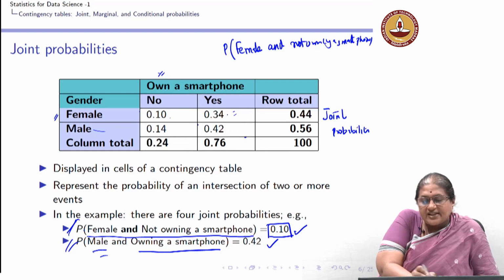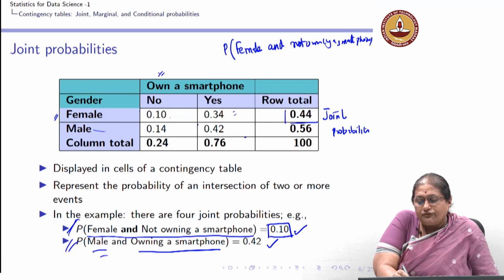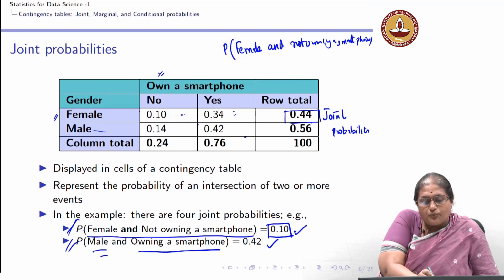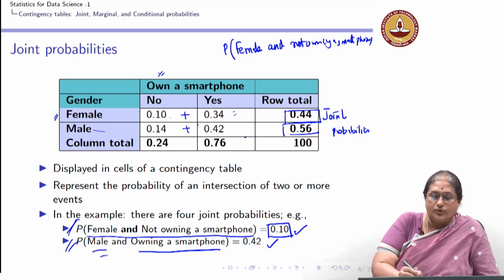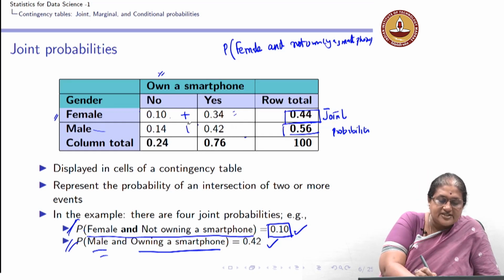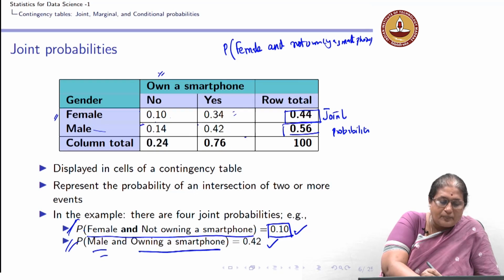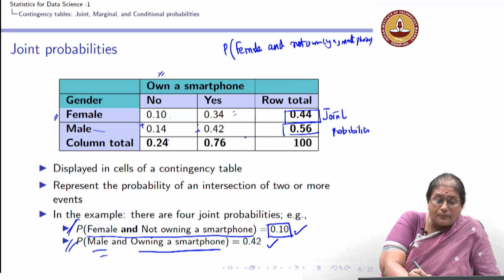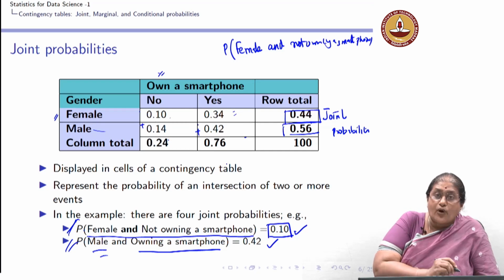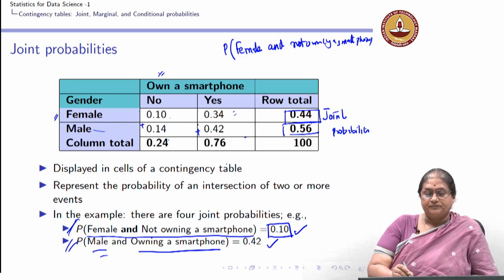Now, we can see that 0.44 is 0.10 plus 0.34 and 0.56 is 0.14 plus 0.42. Similarly, you can see that 0.10 plus 0.14 is 0.24, and 0.34 plus 0.42 is 0.76.